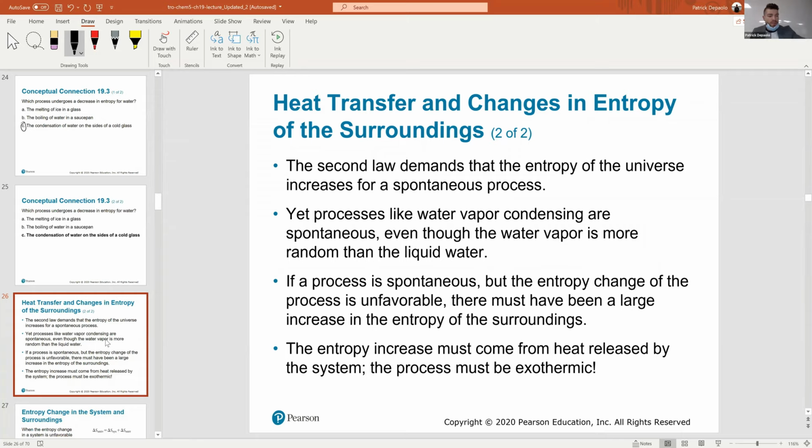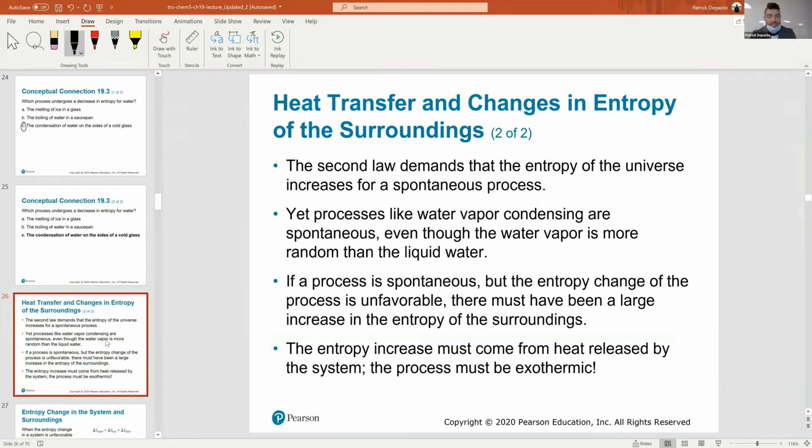Okay, so now we can kind of reverse our thinking a little bit. We know the second law demands that the entropy of the universe increases for anything spontaneous. But look at the example we just went over.